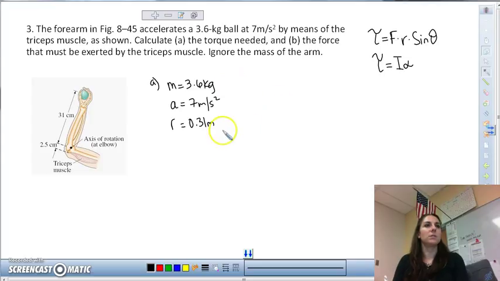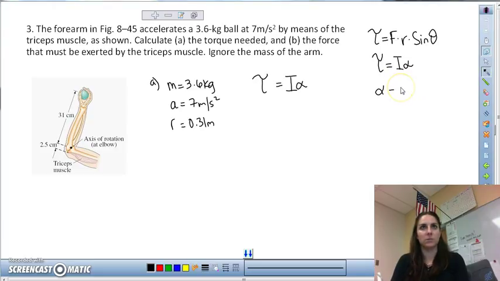In this application, I want to use this form of our torque. So torque is equal to moment of inertia times alpha. And you can see why, because alpha here can be related. Now if you remember, a is equal to r alpha.